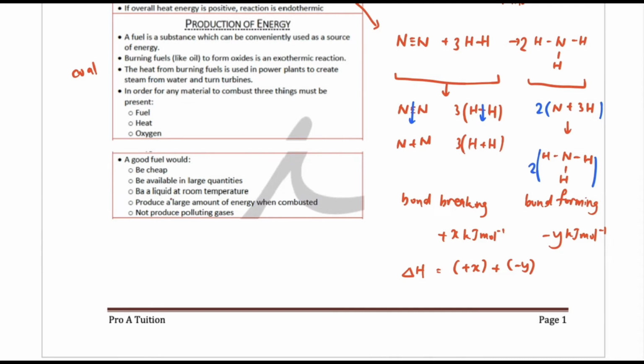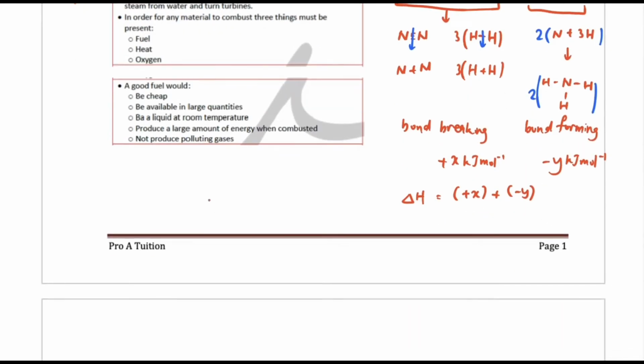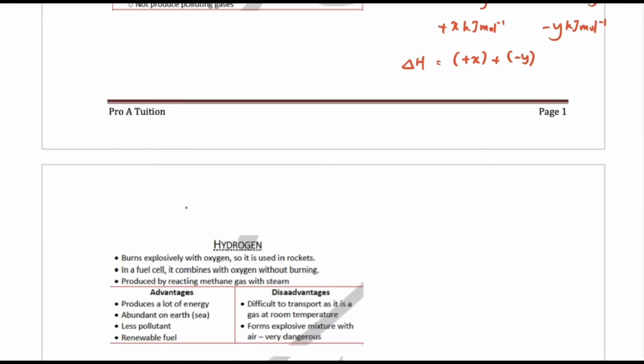So money is the main concern of human beings also. Although it is polluting, we are still using it. That's the problem. We have fuel that doesn't produce polluting gases, like an electric car, for example. It doesn't produce polluting gases, but it's expensive. So the main concern is money. Okay, now that's the thing.